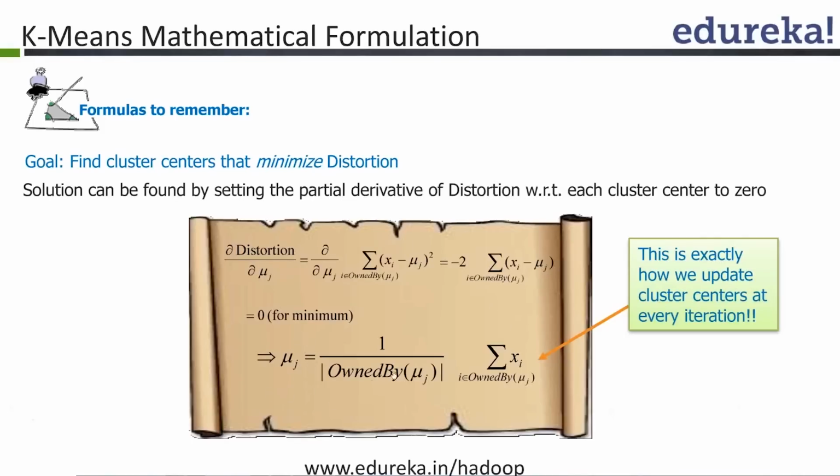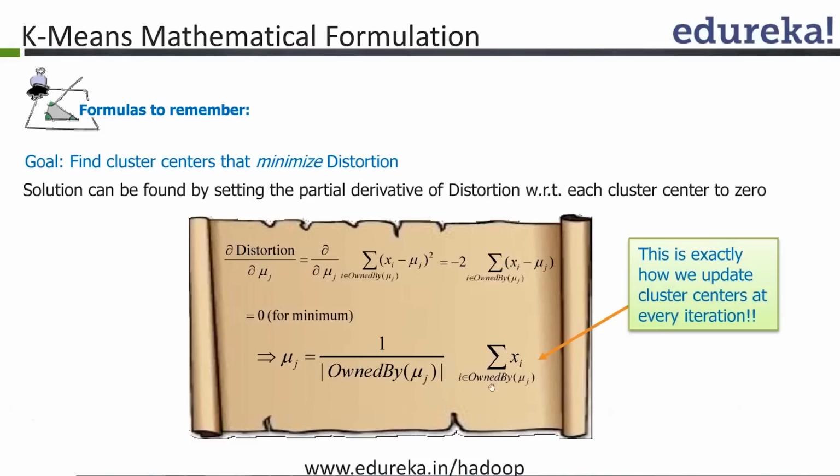So what this means is, if I set mu j to be this value, then my distortion will be minimized. If I set my mu j, my cluster center, to be this, then I can minimize my objective function, distortion. Now let's see what this quantity is.